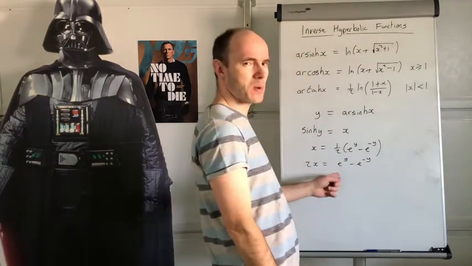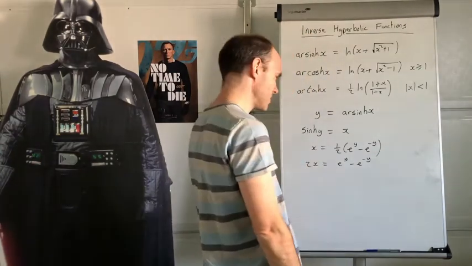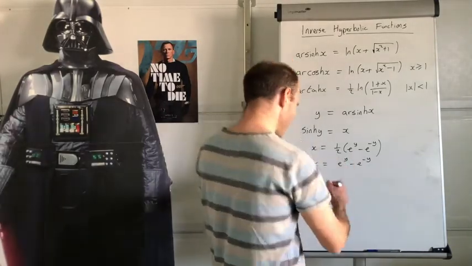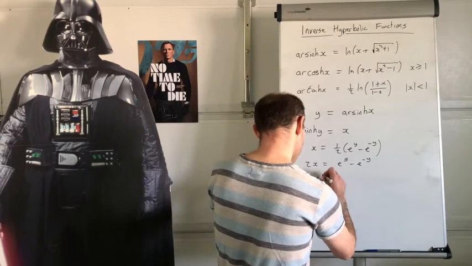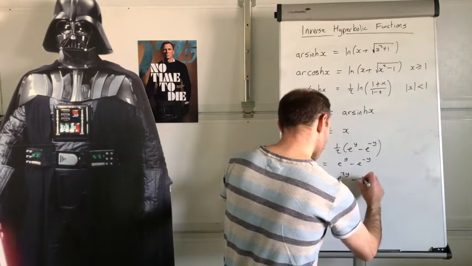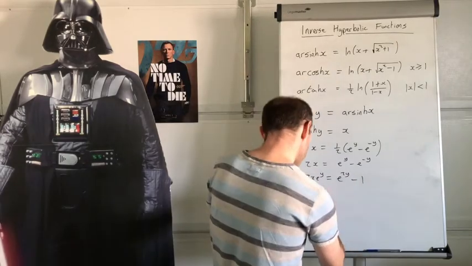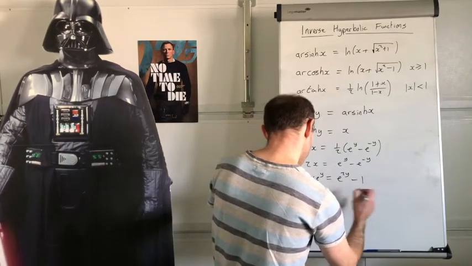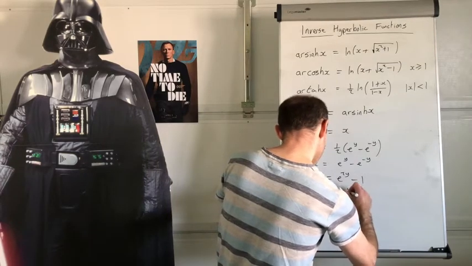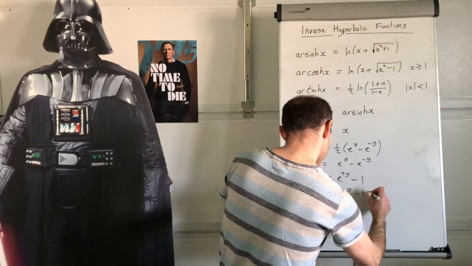It's like solving an equation, trying to find what y is. We had one of these in the previous video. Multiply both sides by e^y. So 2x e^y is equal to e^(2y) subtract 1, and then put everything to one side: e^(2y) - 2x e^y - 1 = 0.